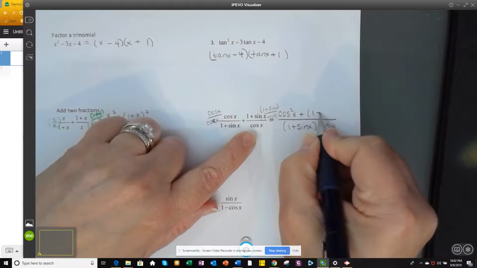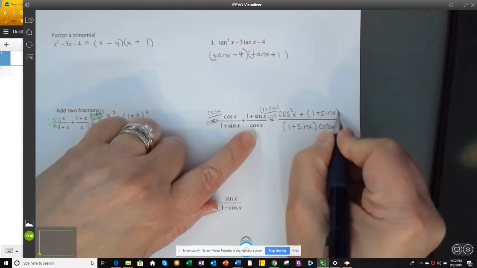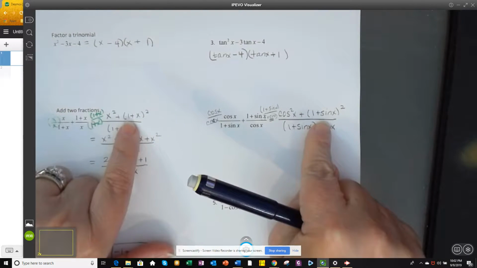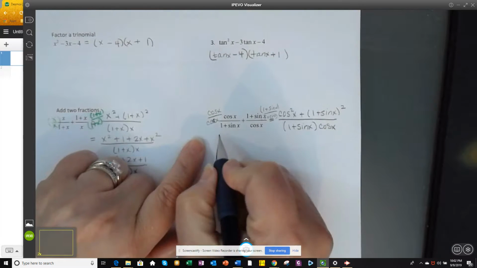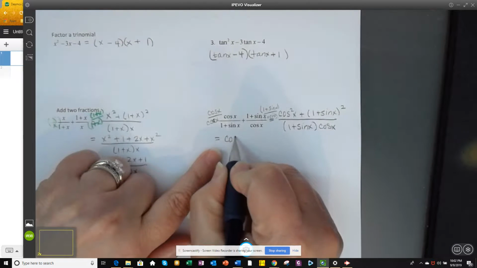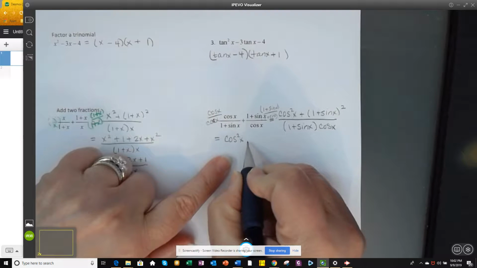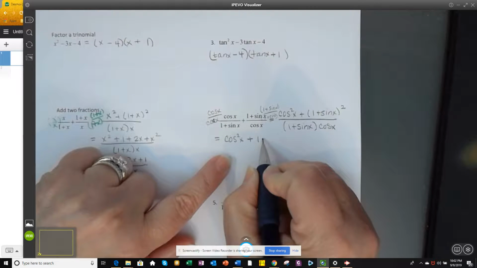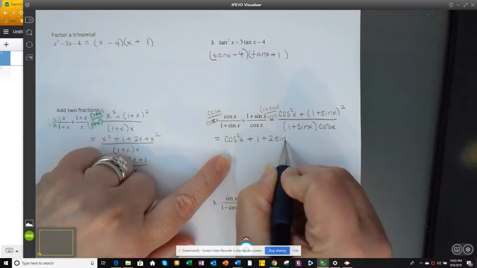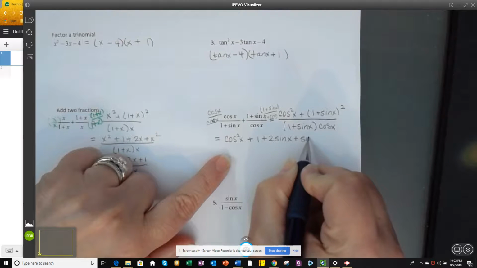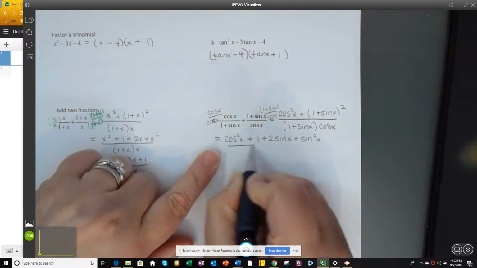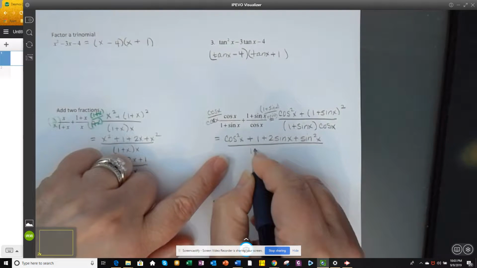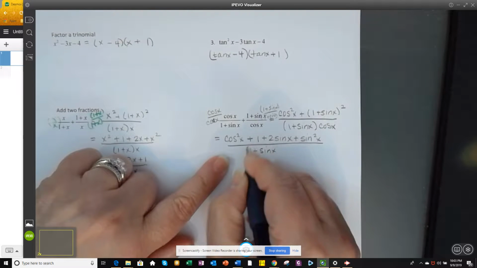So this will be 1 plus sine x quantity squared, and we're going to expand it just like we expanded this one. And that means we're going to get cosine squared x plus 1 plus 2 sine x plus sine squared x all over 1 plus sine x times cosine x.